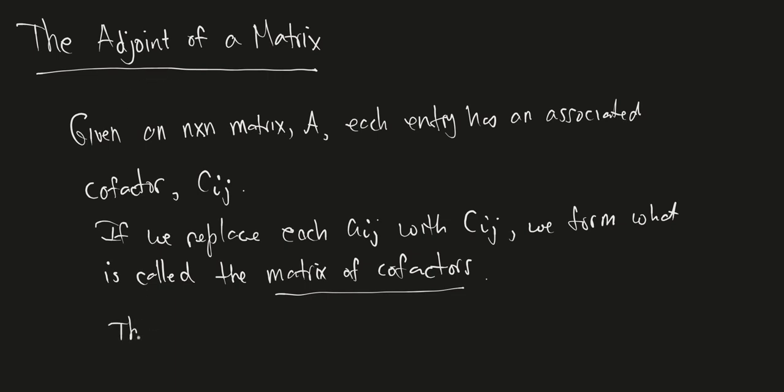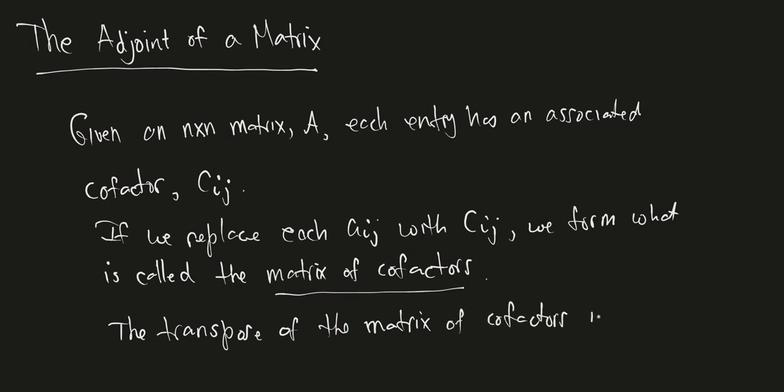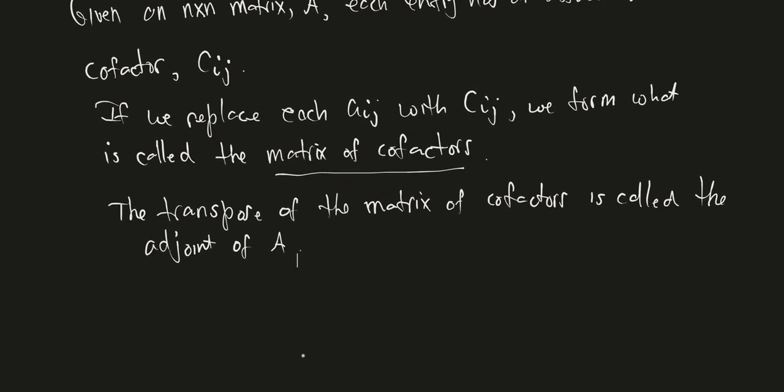So the transpose of the matrix of cofactors is called the adjoint of A. Let me just write it down symbolically.